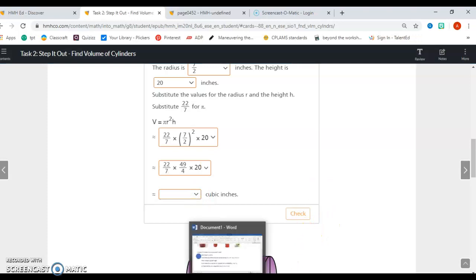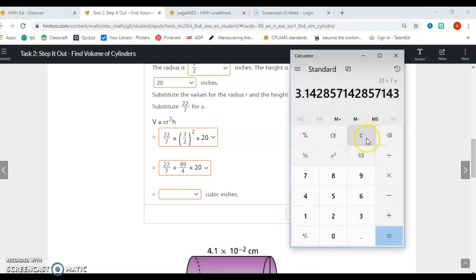So, to keep it simple for my brain, I'm going to do 49 divided by 4. Let's find out what that equals first. 12.5. So I know that the radius squared of my circle is 12.5 times my height. Height is 20.